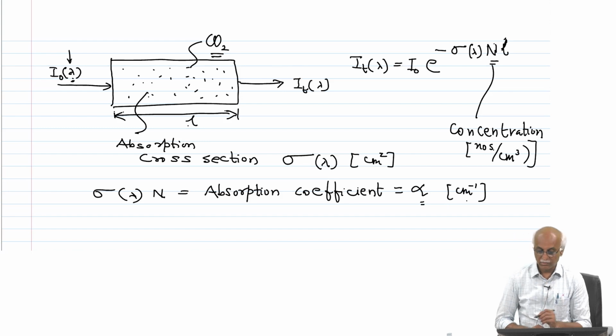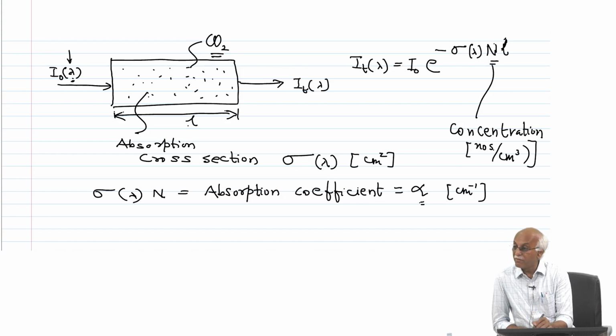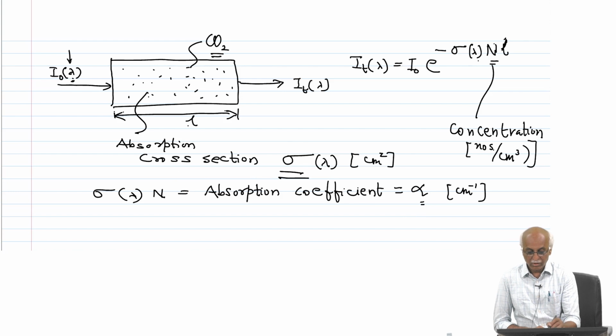Now, how is this alpha value derived? Basically, this alpha value depends upon the absorption and the concentration. So, for a given concentration, as the sigma lambda varies, alpha will vary. This sigma lambda is nothing but the absorption cross section.